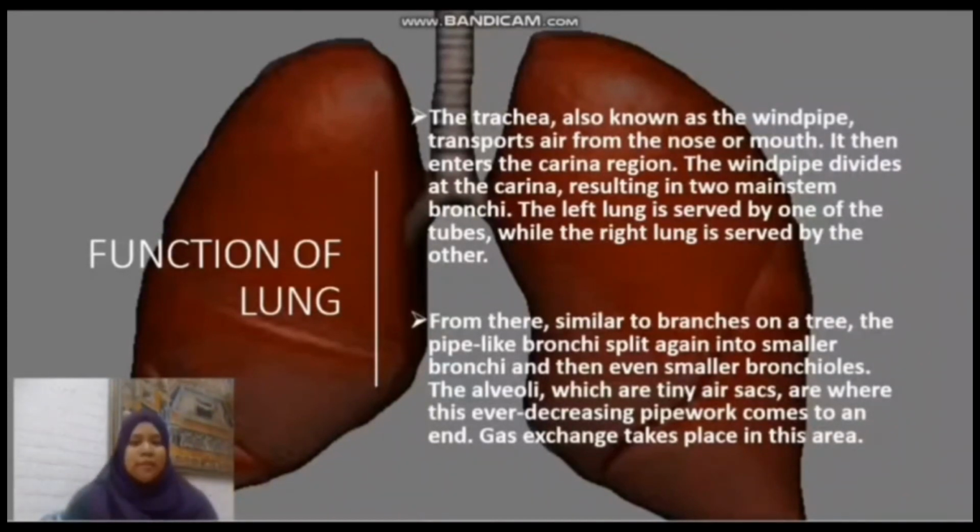From there, similar to branches on a tree, the pipe-like bronchi split again into smaller bronchi and then even smaller bronchioles. The alveoli, which are tiny air sacs, are where this ever-decreasing pipework comes to an end. Gas exchange takes place in this area.